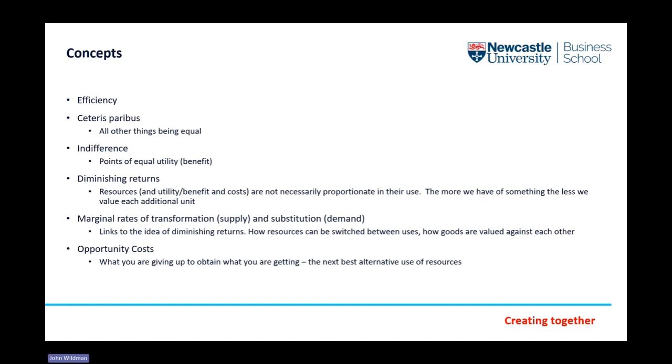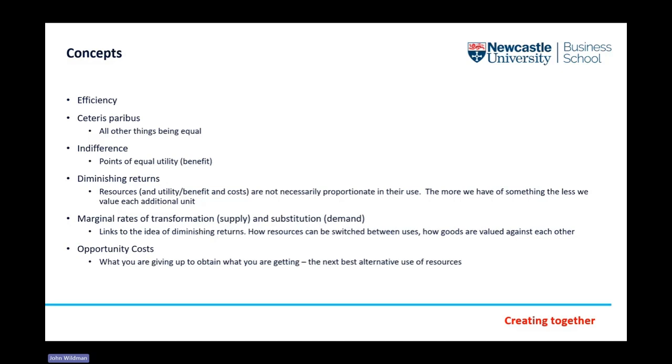The next concept I just want you to bear in mind is this idea of indifference. So indifference is very much, as it says, I can't choose between two things. And this is very much a concept in terms of utility. So in economics, we consider individuals as utility maximizers, maximizing something.